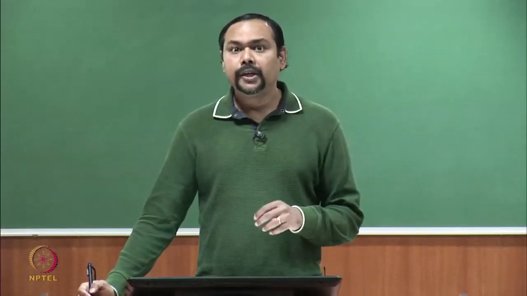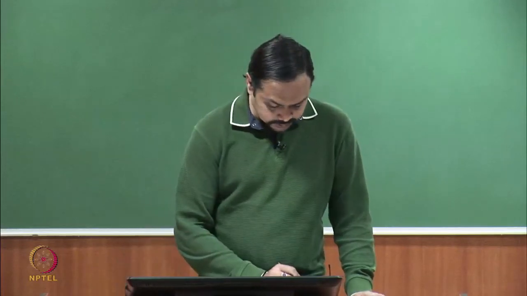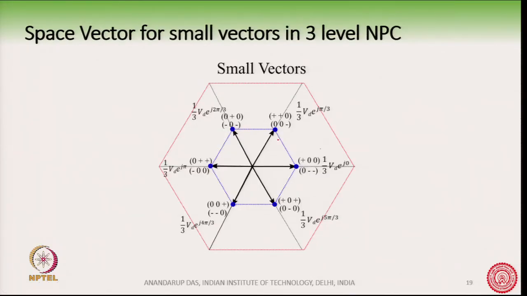Fine. So, this is how we get to all the combinations. So, let us see with these combinations how we get the vectors. The overall space vector diagram has 2 hexagons.